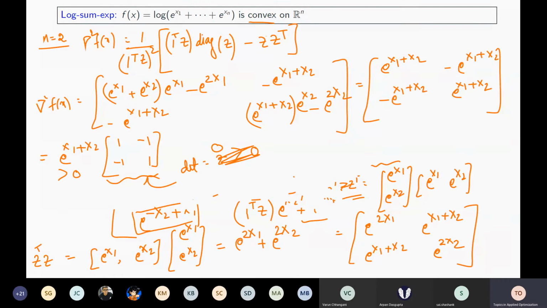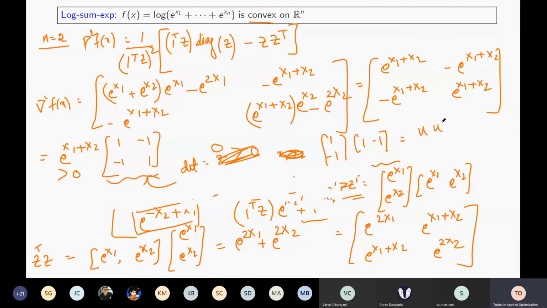Okay, well then let us do it the other way, because the determinant is 0. We can write it as an outer product: 1 minus 1 times 1 minus 1. So this comes out to be this matrix.